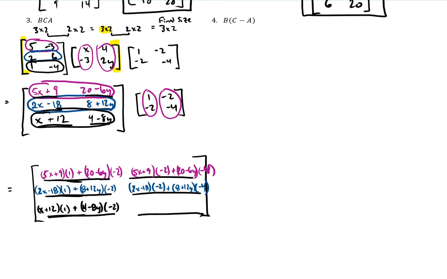And then one more time, x plus 12 multiplies that negative 2 plus 4 minus 8y will times the negative 4.